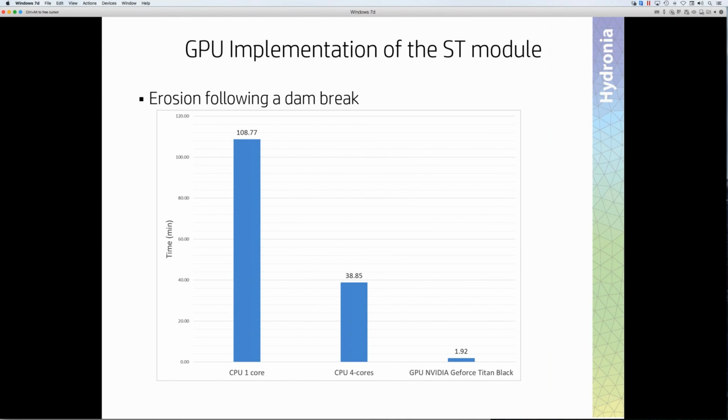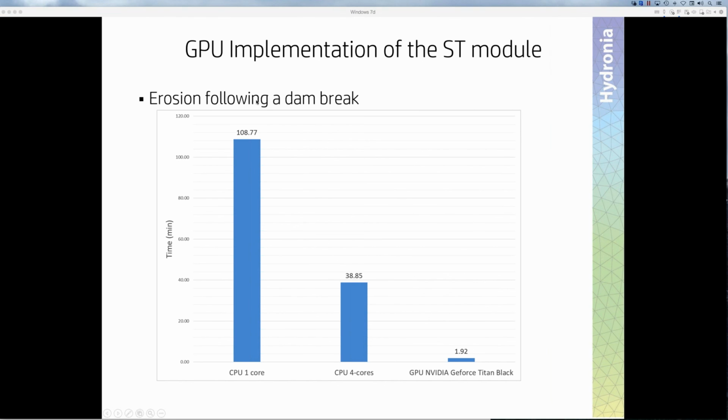Okay, so this is a real case of erosion following a dam break. So with the ST module for CPU only using 4 cores, it takes 38 minutes for this particular event and 2 minutes for the GPU.